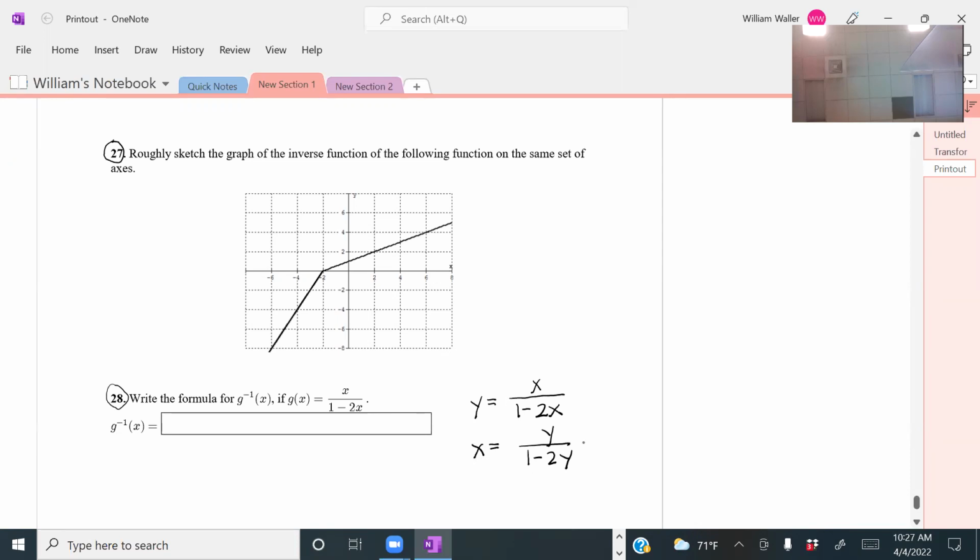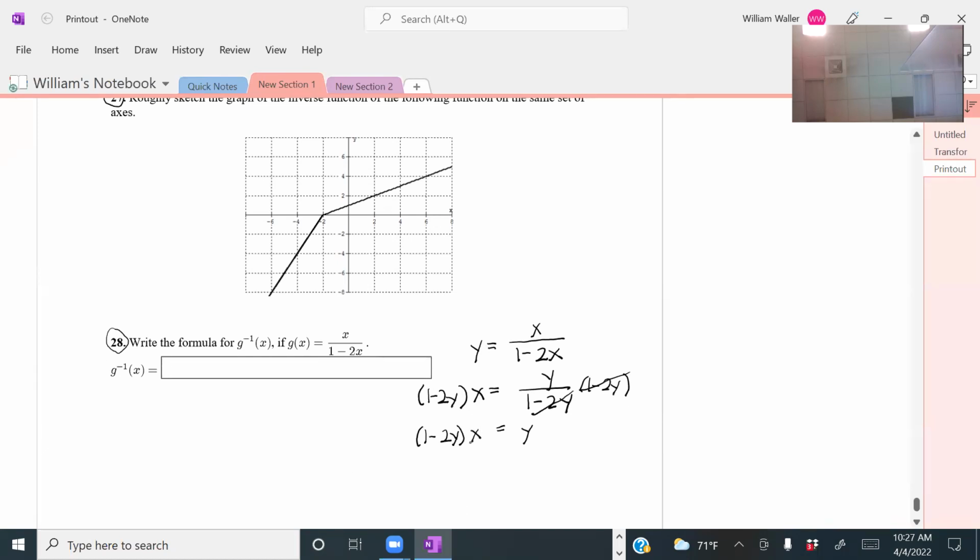All right, so to do that, let's get rid of the fraction. So multiply both sides by 1 minus 2y, or you can think of it as cross multiplying also. So multiply both sides by 1 minus 2y, this denominator, so you can just cancel the denominator on the right-hand side. So you have y equals 1 minus 2y times x, and then go ahead and distribute on the left-hand side.